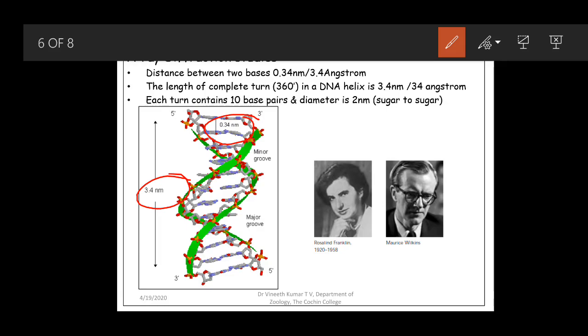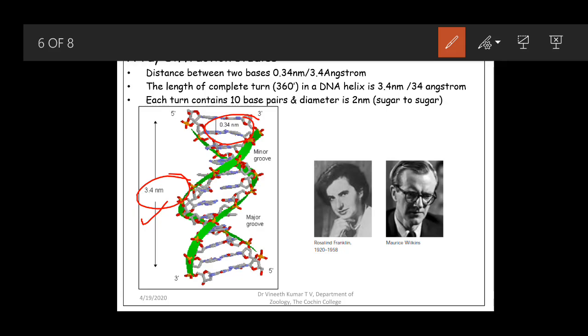And the other periodicity, the 3.4 nanometer periodicity, is nothing but an entire turn of the helix. That means a 360 degree turn of the helix. It has a length of about 3.4 nanometer or 34 angstrom, which was the next periodicity.